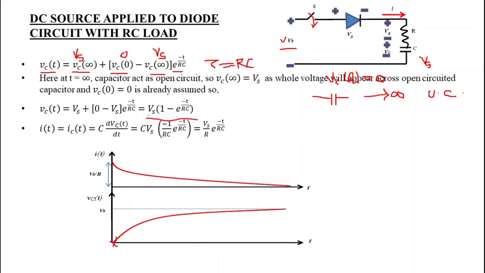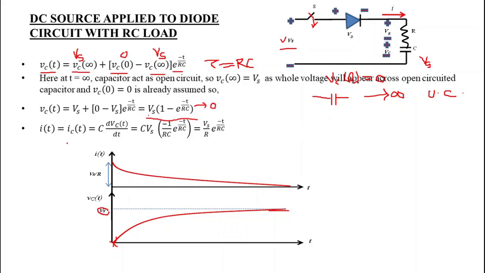At t equals infinity, this e to the power minus t by RC will tend to 0. When this tends to 0, then we get Vc(t) equal to Vs. So Vc(t) will tend towards Vs when time tends to infinity.